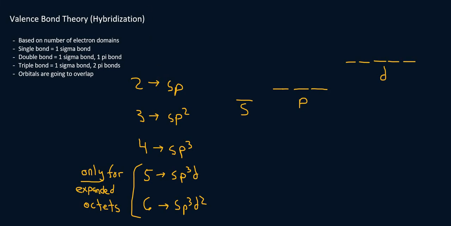So when you have two electron domains around your central atom, that's going to give you an sp hybridized structure. The reason is that for a covalent bond with two domains, you take the s orbital, which remember is just that one line, and fuse it to one of the p orbitals.